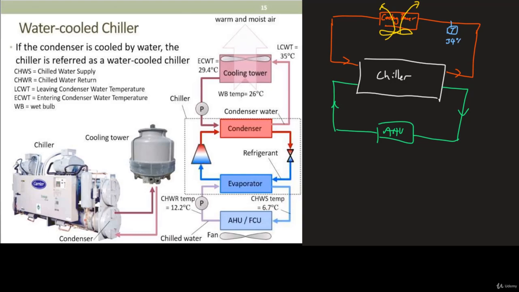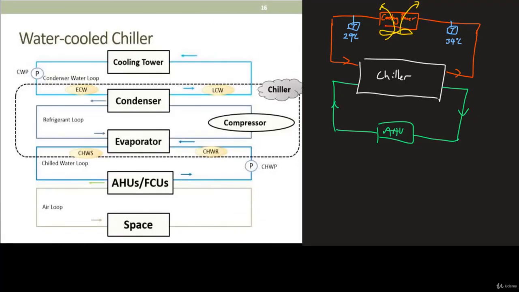After passing through the condenser, the temperature will rise by around 5 degrees Celsius to 29. This temperature will be much cooler than the condenser. That's why it can remove heat from the condenser, and at the same time it gets heated up itself. So now you see, there's an additional loop on top with an additional component called the cooling tower.